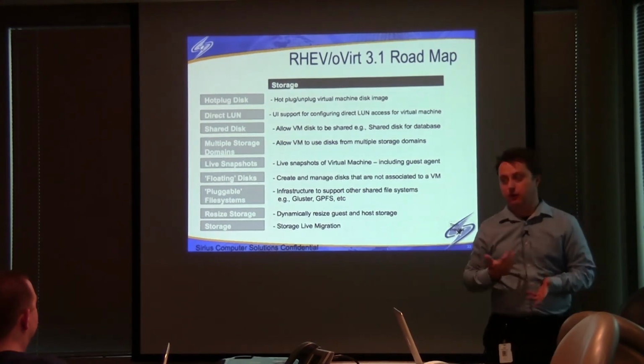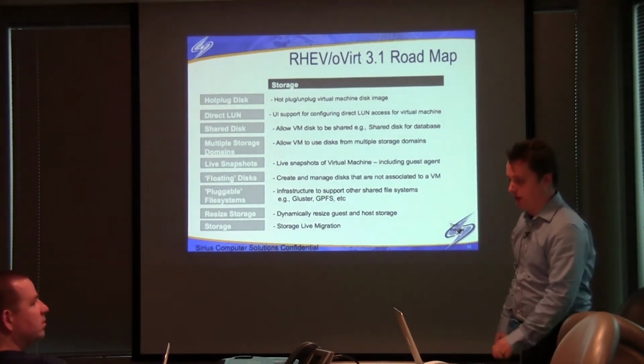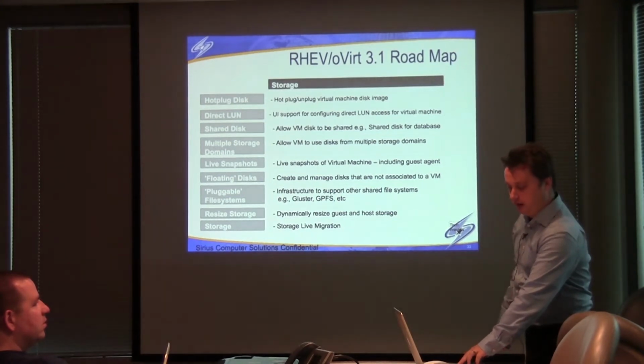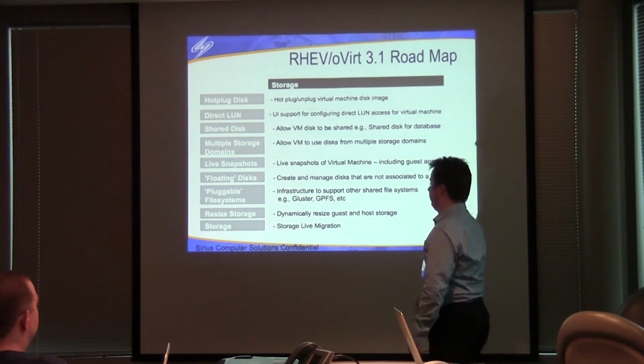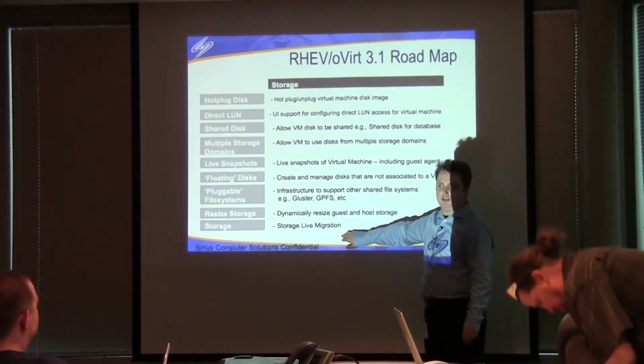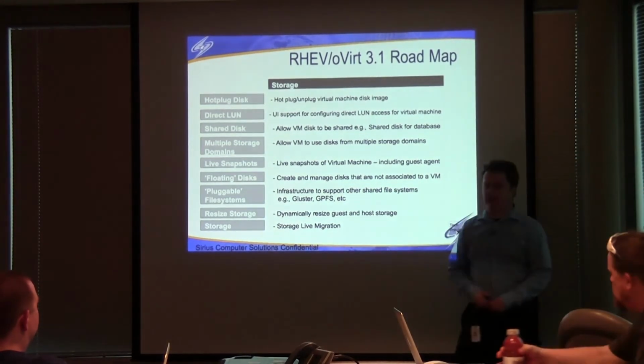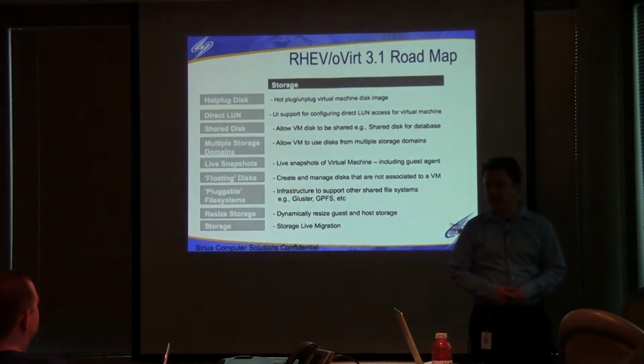You can dynamically grow and shrink it far more easily than you could at a traditional one. And then storage live migration, this is a feature in VMware that only comes with Enterprise Plus.